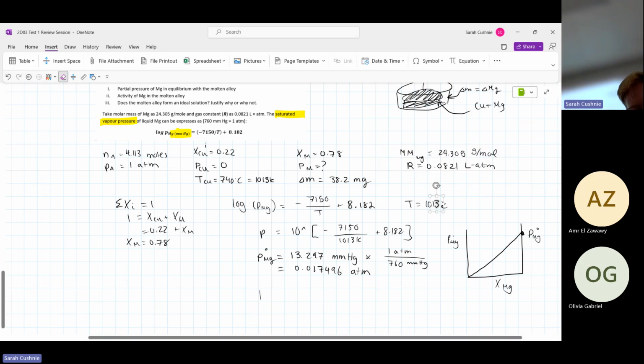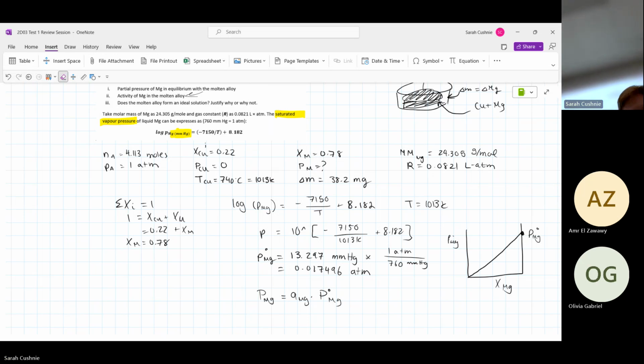What it comes down to is what you folks so clearly told me earlier today: the partial pressure of Mg is equal to the activity of Mg times the saturated pressure of Mg. But calculating the activity is the next step in the question, so we clearly can't take this approach. We have to come up with a different way to solve for this partial pressure.